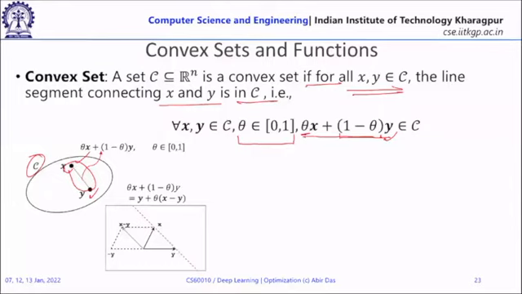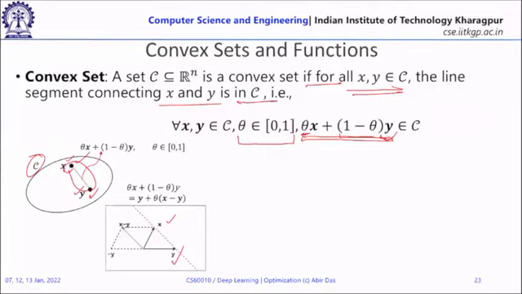Whether, when theta is between 0 and 1, this combination is really a point on the straight line connecting x and y, I am trying to show as an intuitive justification for a two-dimensional case. So let's say these are the same two points, x and y.